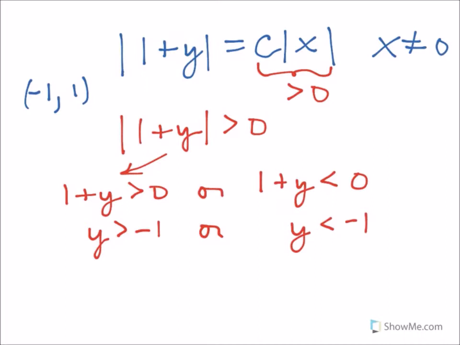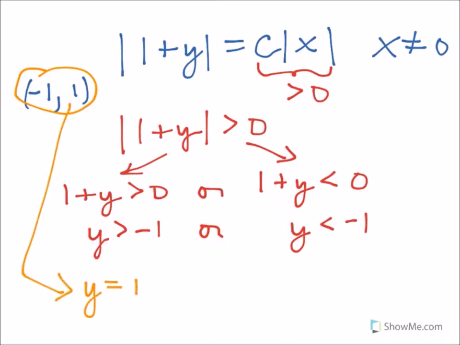Now at this point you may be thinking, this is really getting complicated, but wait a second, now this is pretty cool. We go back to the initial value, and what is y? y is 1, right? Oh, if y is 1, then y must be greater than negative 1. That's where we're interested. So we forget about y being less than negative 1. It's irrelevant to this problem. Okay, now let's put it together.